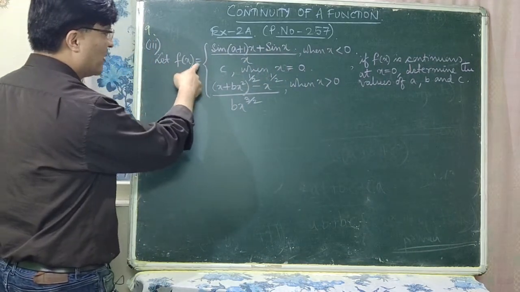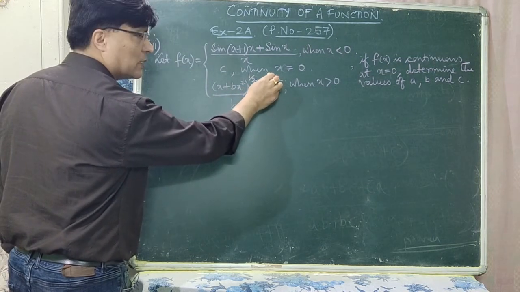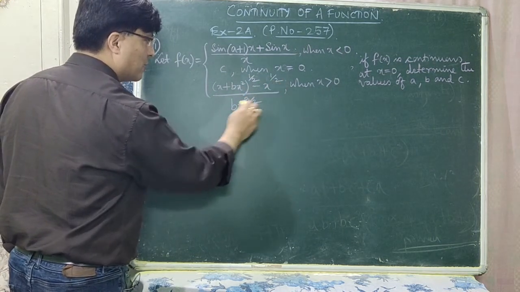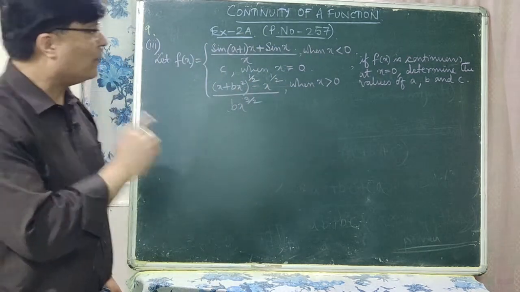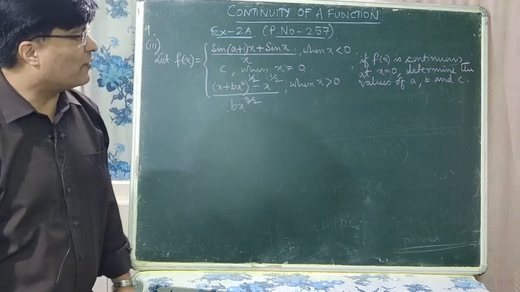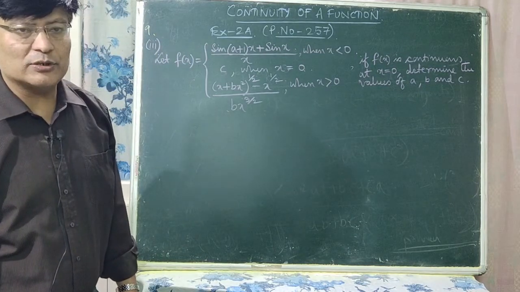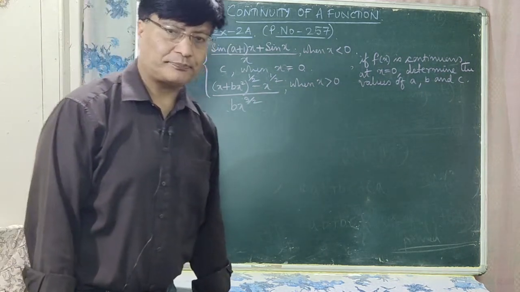And the value of f of x is equal to (x plus bx squared) whole to the power half minus x to the power half, divided by bx to the power 3 by 2, when x is greater than 0. If f of x is continuous at x equal to 0, then you have to find out the values of a, b and c.